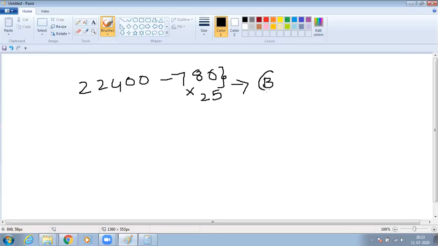B. Why have you paid? B has agreed to sell at 22,400 only, even if bank nifty increases to 23,000. So to make this agreement, you are paying this amount. This is called premium, right?